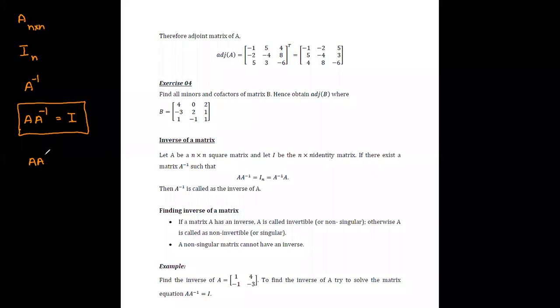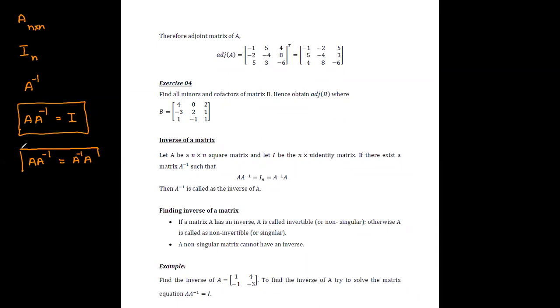If you multiply A with A inverse, this would be equal to A inverse times A. It means that the order is not necessary here. In general, we know that if you are multiplying AB with BA, these are not equal quantities. When we were discussing matrix multiplication, we identified this inequality.